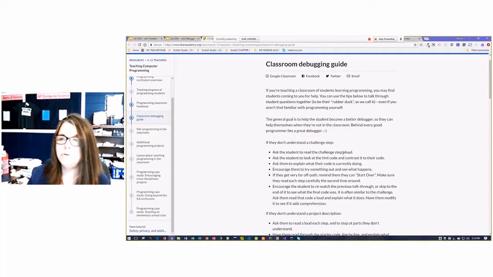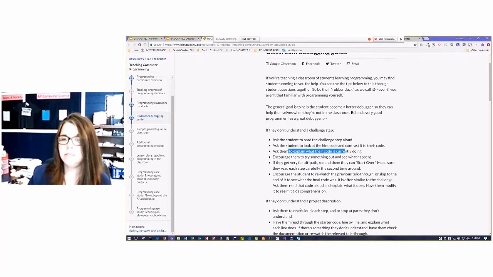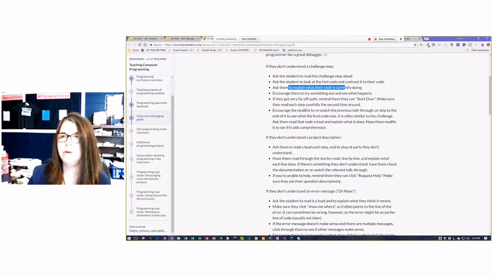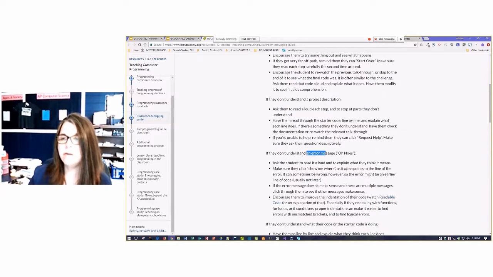Ask the student to read the challenge stuff aloud. Look at the hint code. If you're on Khan Academy, they do have hints. They get fewer hints as you progress through the curriculum. Ask them to explain: what's it doing now? What was it doing? Encourage them to try something and see what happens, etc. If they don't understand, they go through here. This is for challenges. This is for projects. This is for error messages.